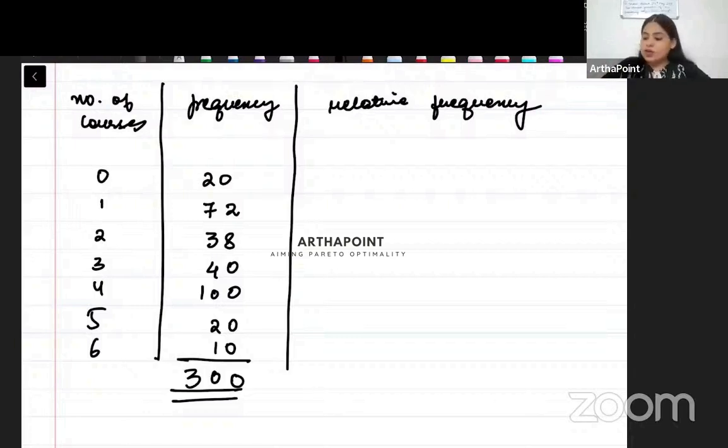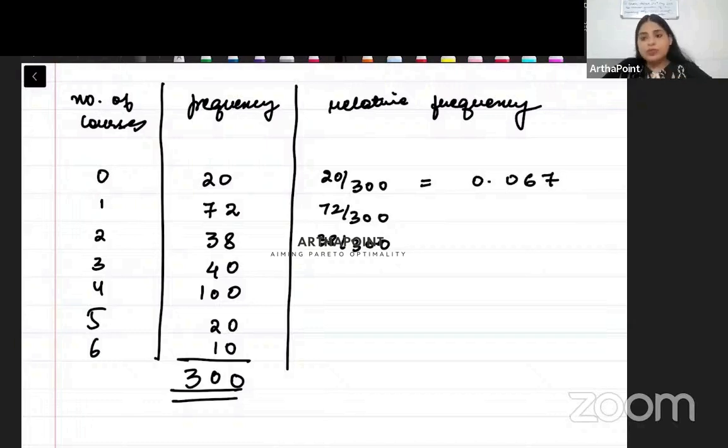Now I will divide. So I will say 20 divided by 300, 72 divided by 300, 38 divided by 300, and so on. So better quickly use a calculator and just try to fill this up. Do it with me. This is a practical subject. You should be writing your answers with me. So this is 0.067.